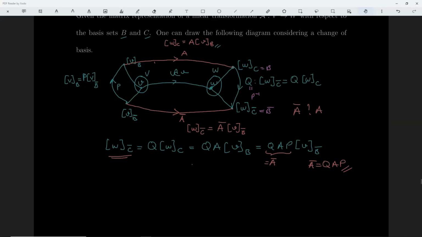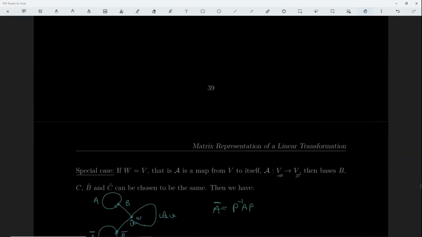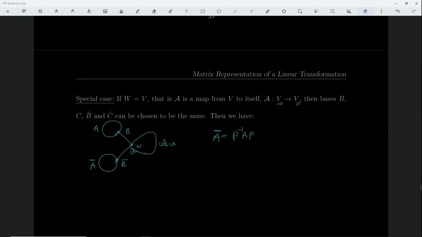And just seconds ago, I said that if C bar is equal to B bar and C is equal to B in a special case, then Q turns out to be P inverse here, because P converts B bar representation to B and Q converts C representation to C bar. So Q is equal to P inverse in that special case. And in that special case, A bar can be simply written as P inverse AP.